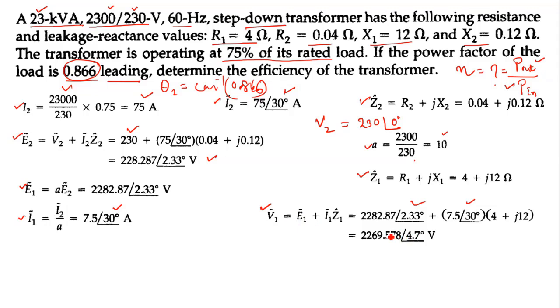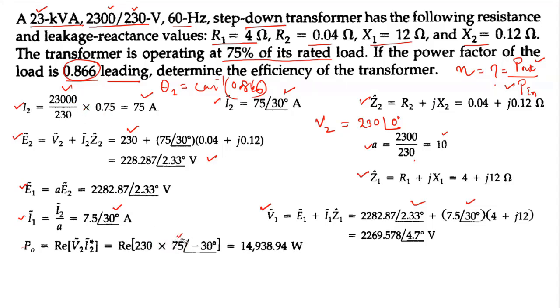So the angular difference between V1 and I1 will be how much? P0 I can find because P0 is nothing but the real part of apparent power. So apparent power is 75 VA, because at 0.75 load we are finding.